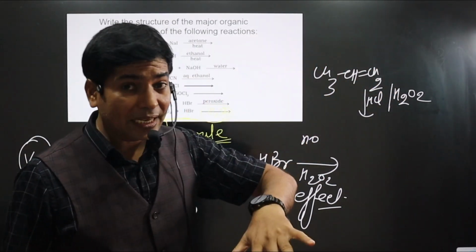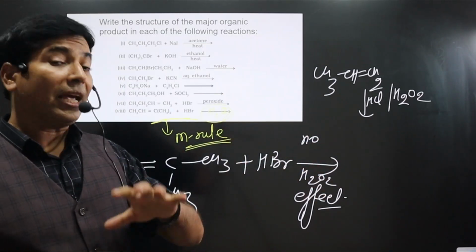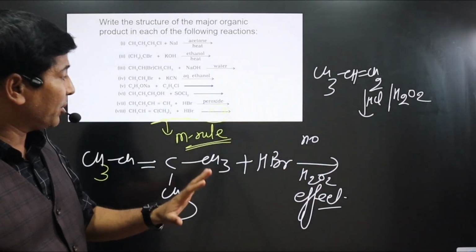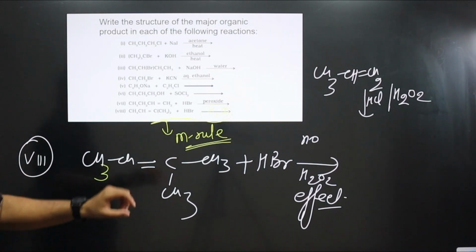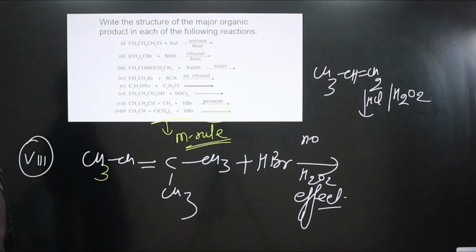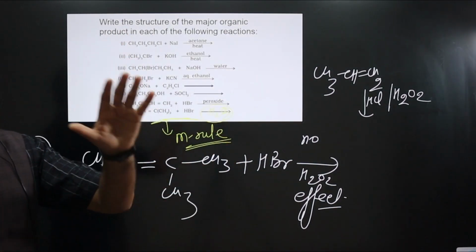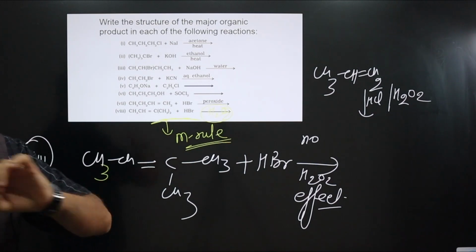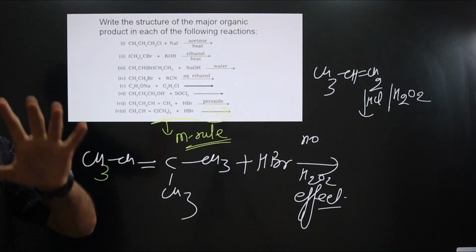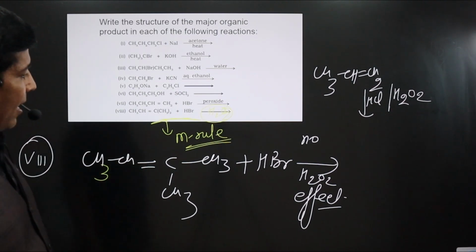Hydrogen peroxide is there, but this reaction will take place according to the Markovnikov rule only. Keep in mind the anti-Markovnikov rule is applicable only in case of HBr when hydrogen peroxide is there. With the remaining hydrogen halides, even if hydrogen peroxide is there, we complete the reaction based on the Markovnikov rule. Be very careful.